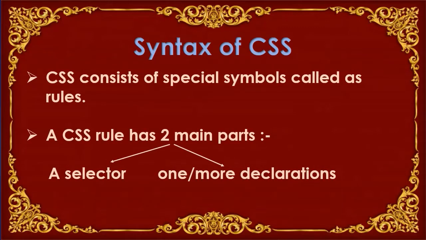Now we will study syntax, that is format of CSS. CSS consists of special symbols called rules. A CSS rule has two main parts. First part is a selector and second part consists of one or more declarations.